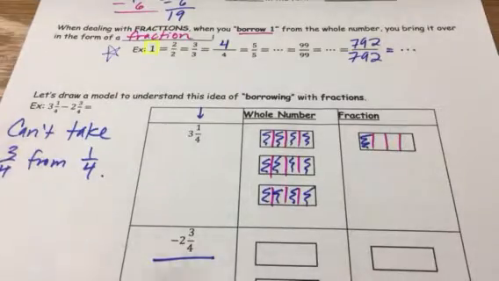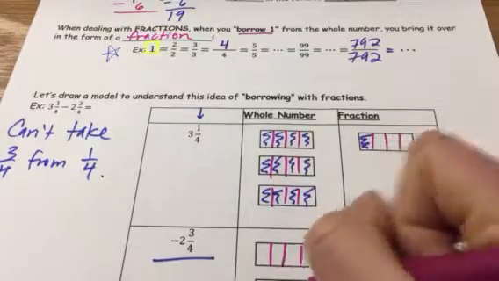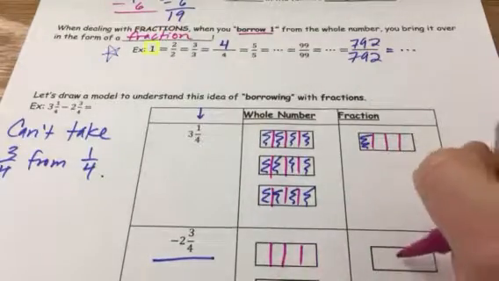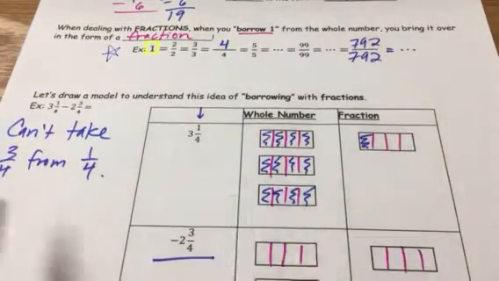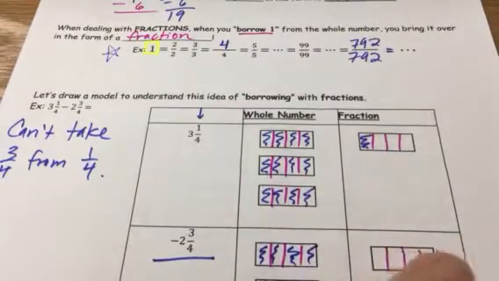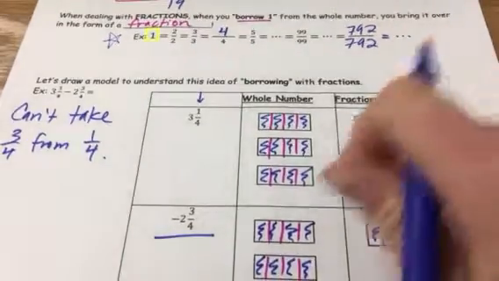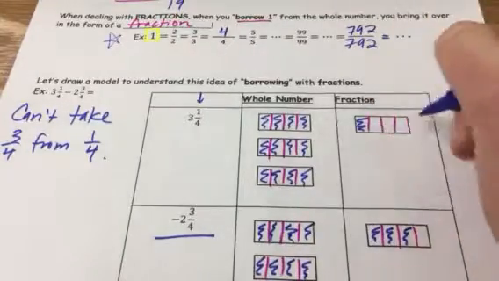And let's take a look at 2 3/4. Again, I'm going to split everything up into quarters. 2 3/4 is going to be 2 whole things and 3/4. So again, I'm trying to take 3/4 away from 1/4.